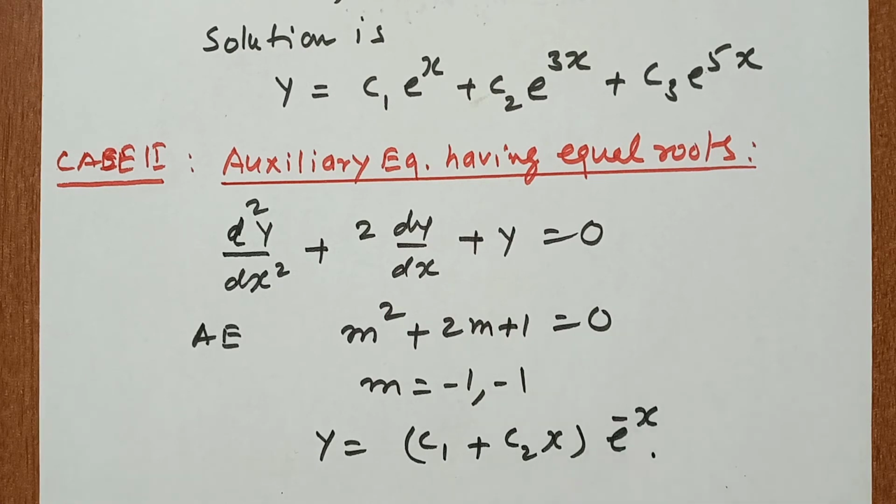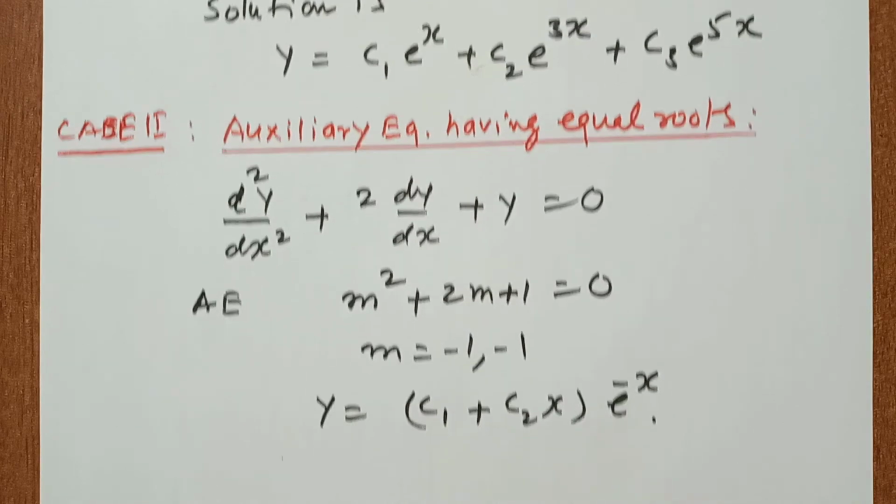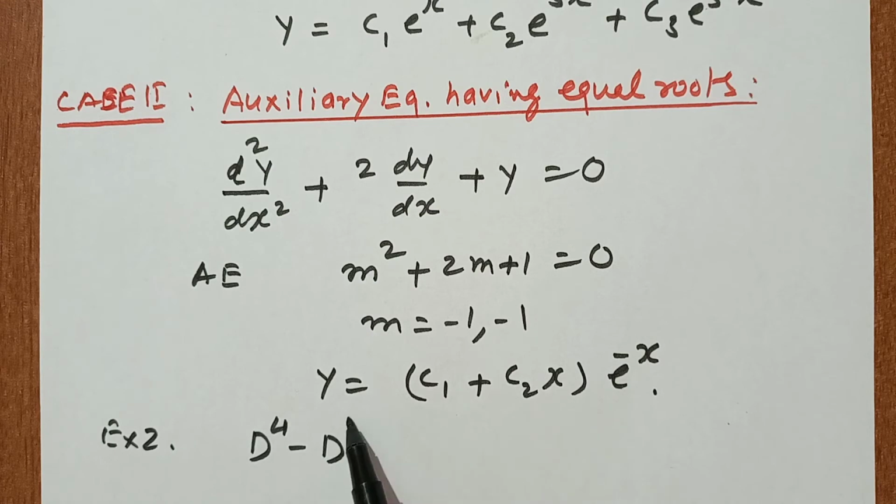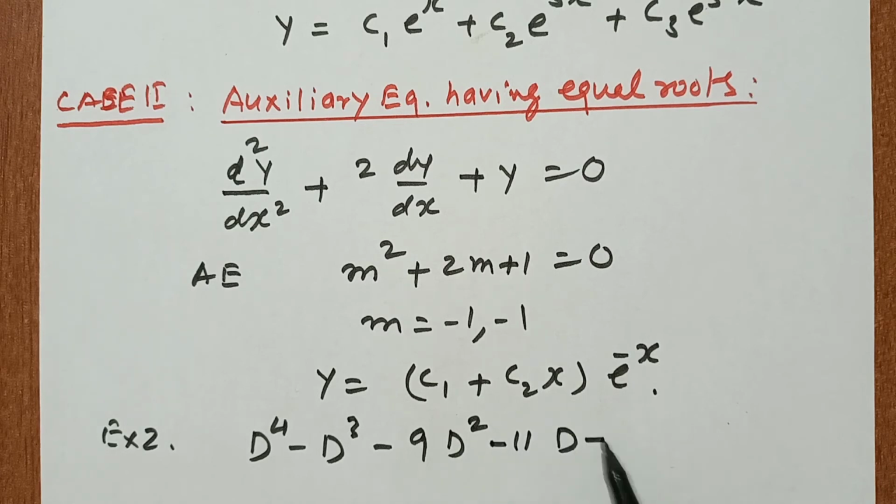Similarly, let us take an equation of higher order. The second differential equation is, suppose, D4 minus D cube minus 9D square minus 11D minus 4 y is equal to 0.